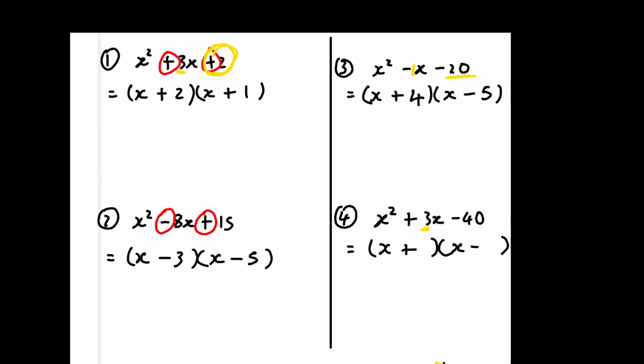And so 5 and 8 have a difference of 3. And obviously, the 8 must take the plus and 5 must take the minus. So now you know this must be x plus 8 into x minus 5. And just like that, you have fully factorized your trinomials. This, again, is just a basic approach to factoring trinomials.